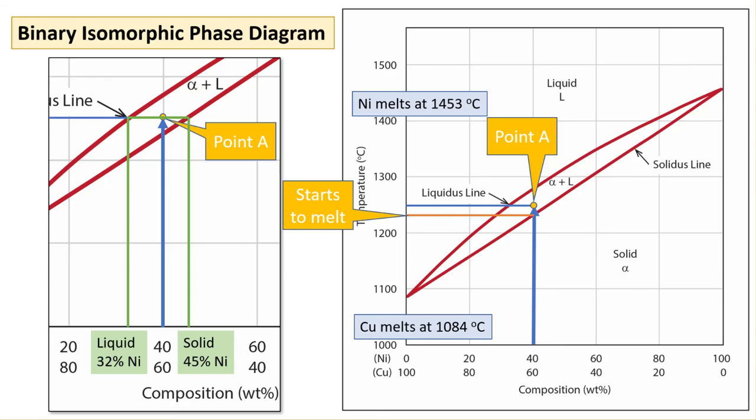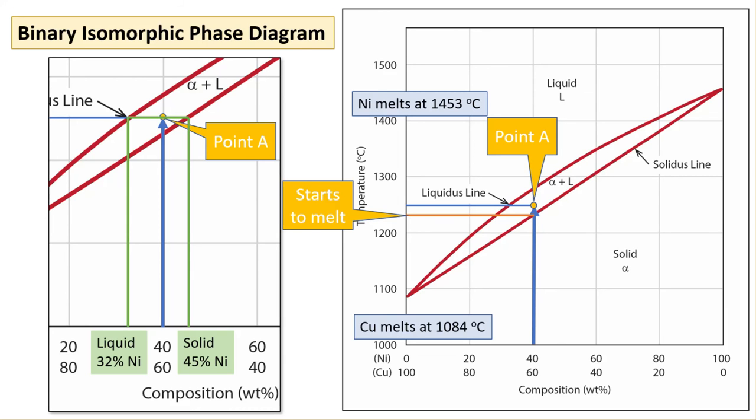The second thing you might want to know is how much liquid and how much solid there is. Answer this question first. Is point A closer to the solid region or the liquid region? It's closer to the solid region.